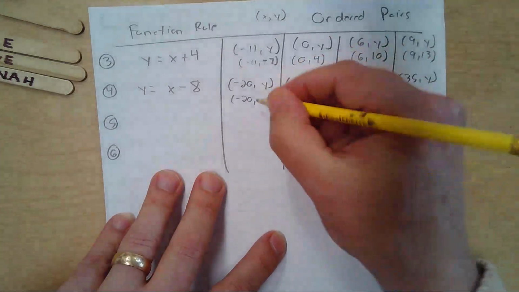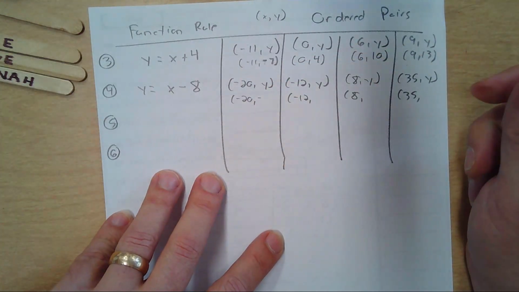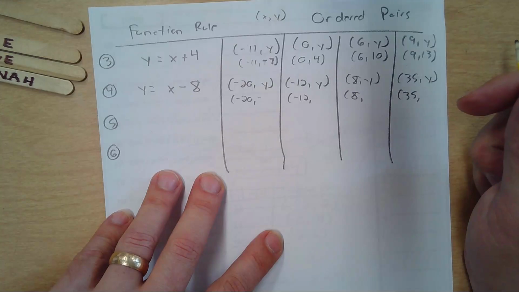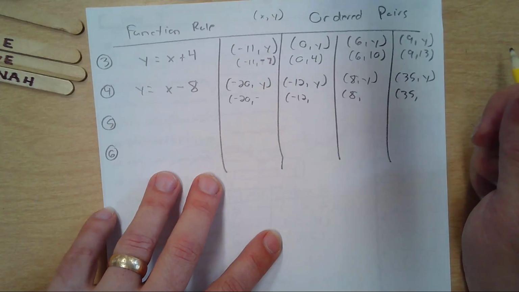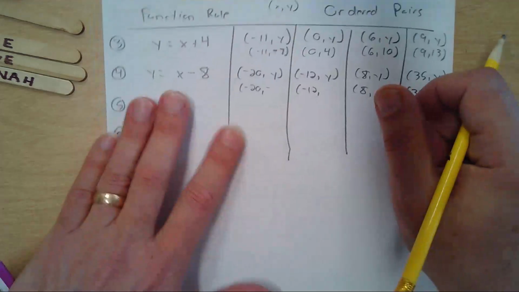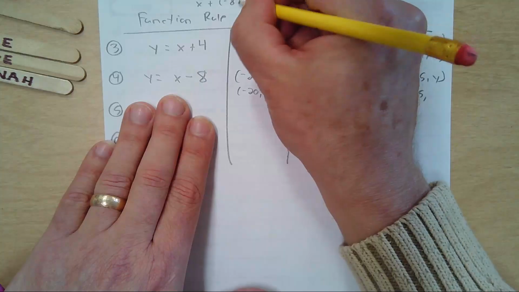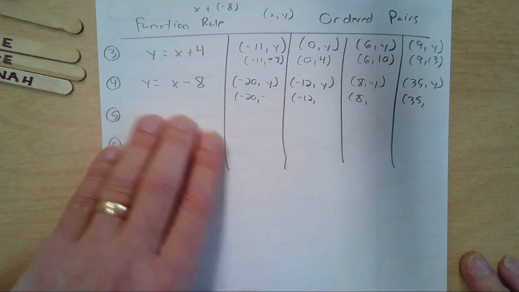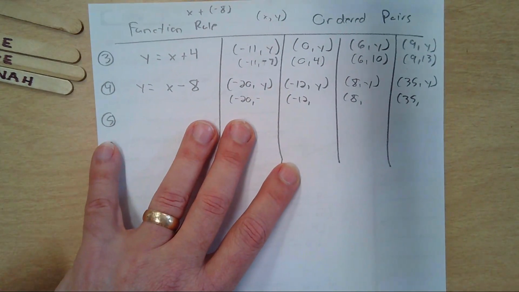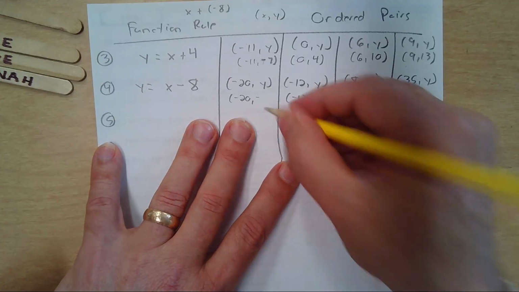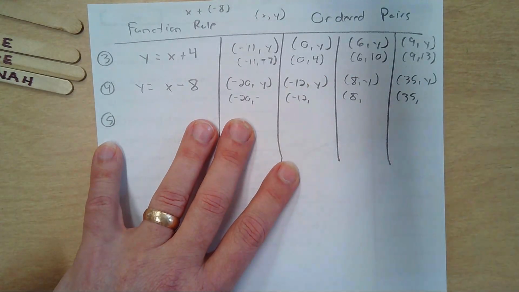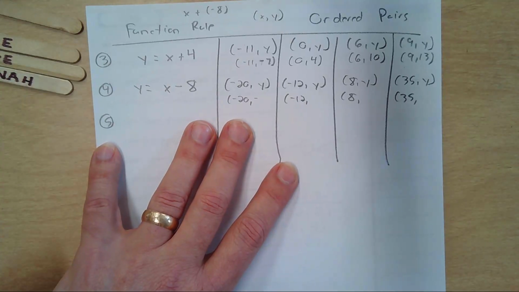Negative 20 and negative 12 is the first pair. Nope. No? Whenever I see x minus 8, again, that's the same thing as plus a negative 8. So try again. So negative 20 and negative 28. The other way around. Or negative 28 and, right.